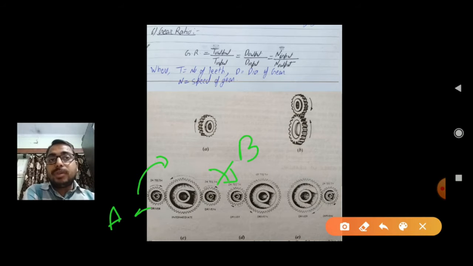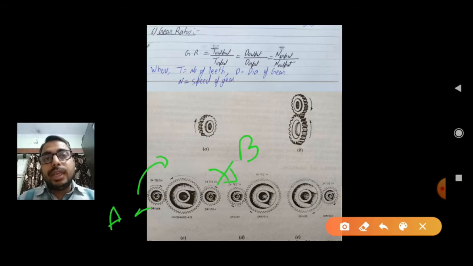But if we talk about only a two gear set, then if one gear is rotated clockwise, the other meshing gear is rotated anti-clockwise.